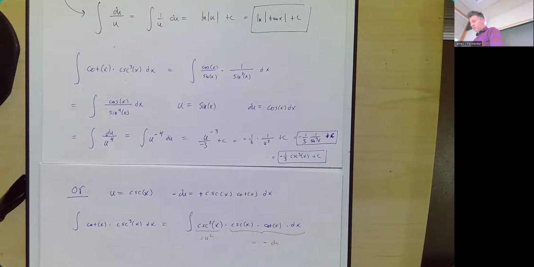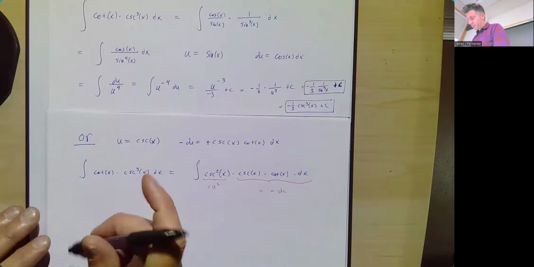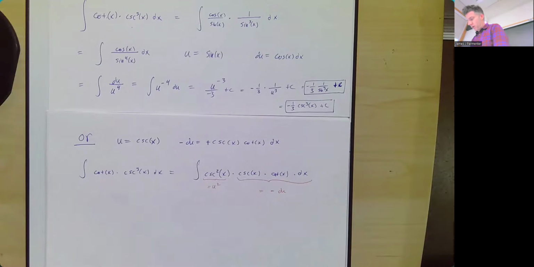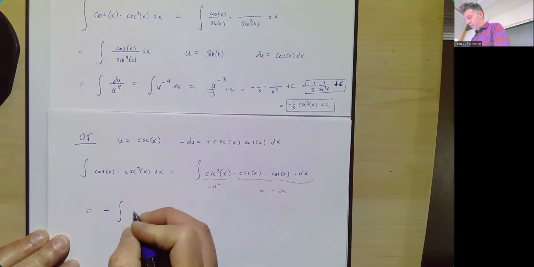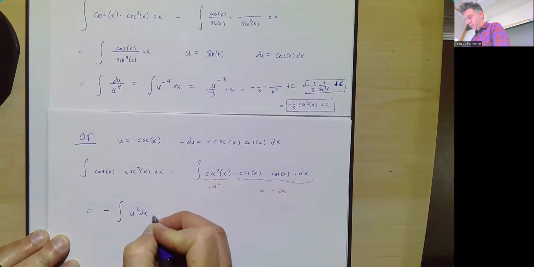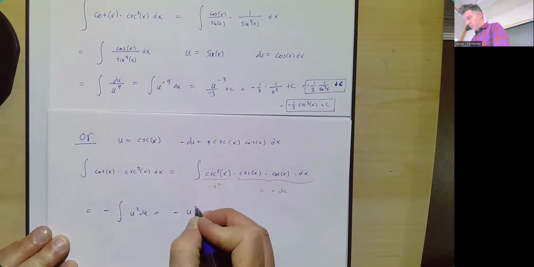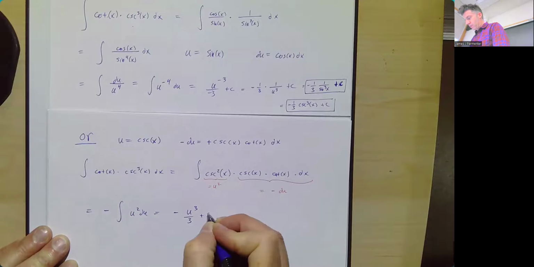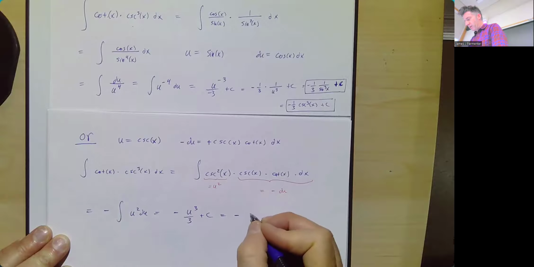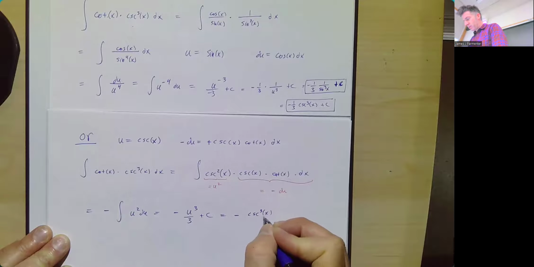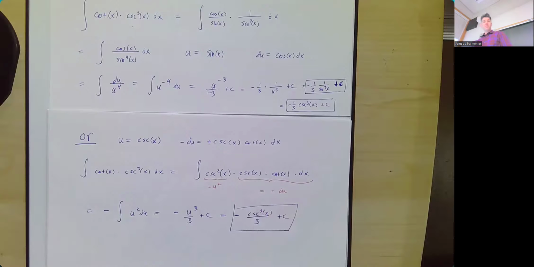So I can rewrite this as the negative integral of u squared du, which becomes negative u to the third over 3 plus c, which is negative cosecant cubed of x all over 3 plus c. Same answer, different way of getting there. Either way is fine.